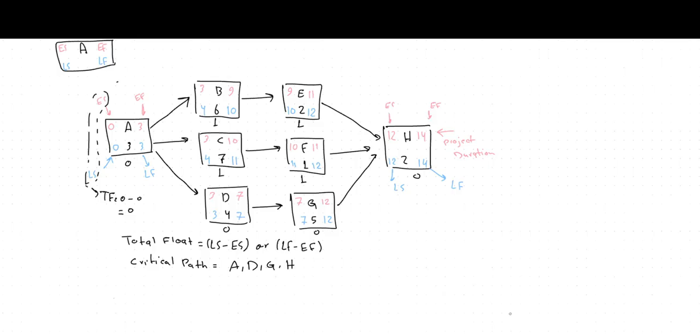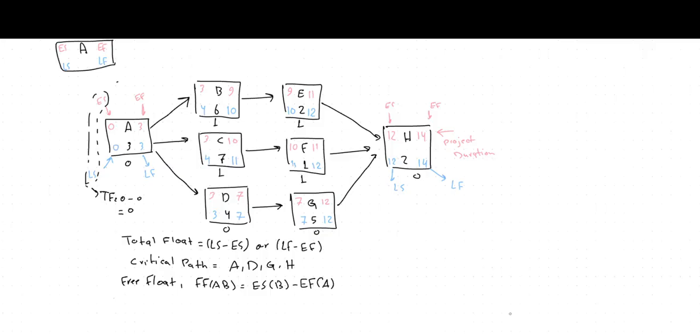Now we have to calculate the free float. Free float is the effect of one activity on the other. So if we calculate the free float for AB, it equals the early start for activity B minus the early finish for activity A. Okay, let's apply it on the diagram.